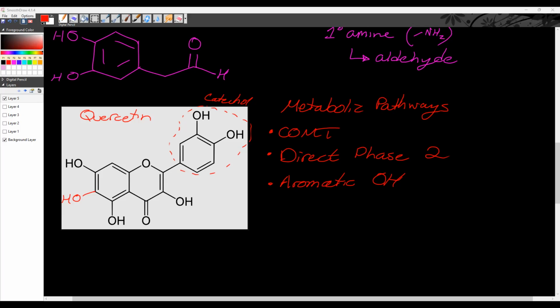Yes. So this is a stupid question, but if all of the positions on the ring were taken, you couldn't do aromatic hydroxylation, right? Correct. Yep. So if we look at the catechol here, could this undergo aromatic hydroxylation?